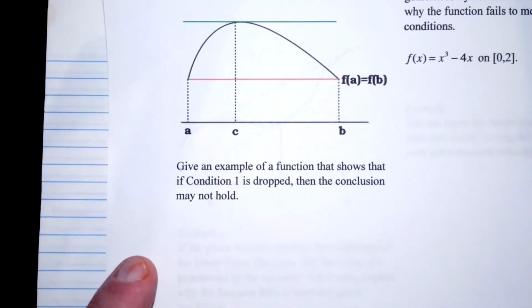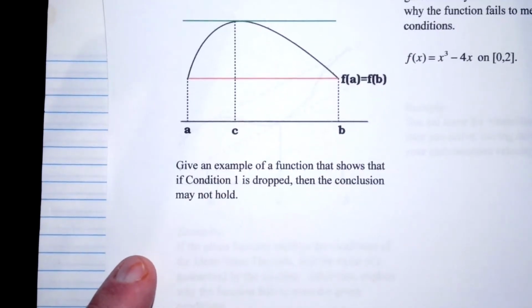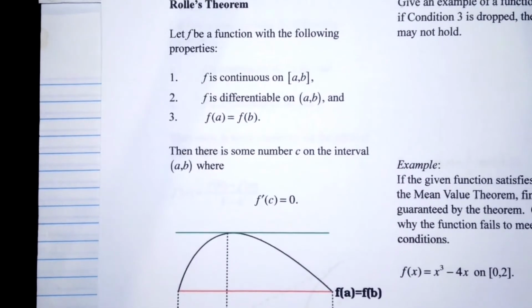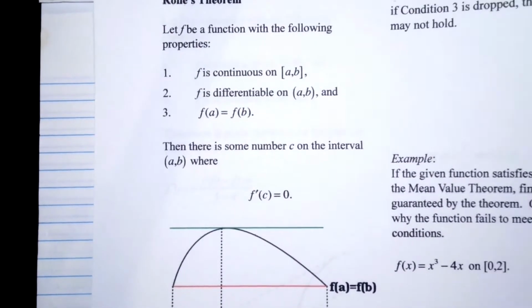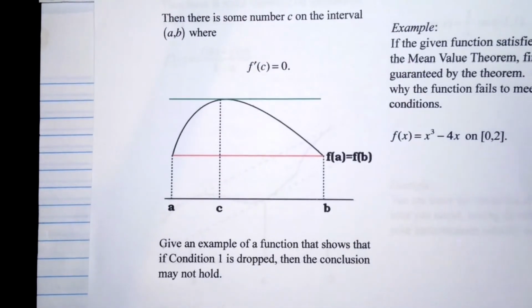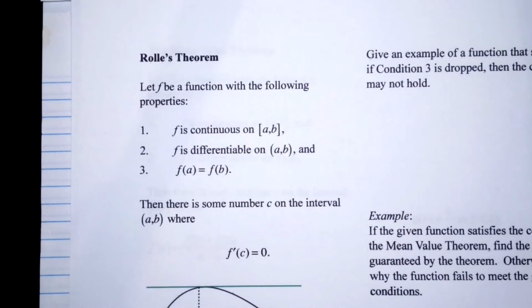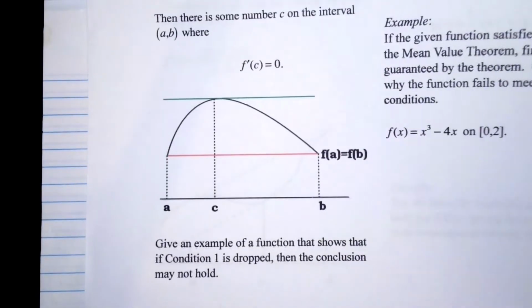So can we give an example of a function that shows that if condition 1 is dropped, then the conclusion may not hold? In other words, there is not a place where the derivative equals 0. Condition 1 is that f is continuous.